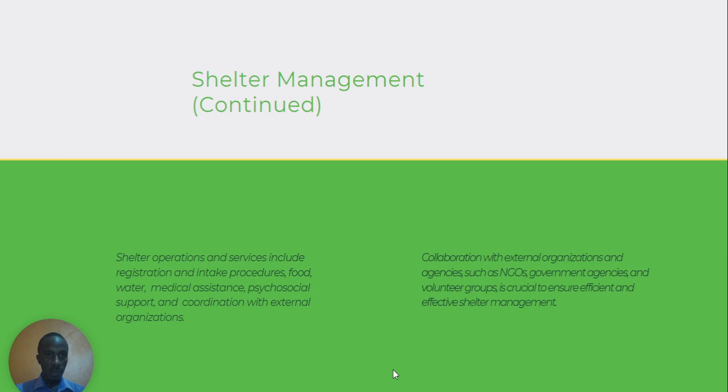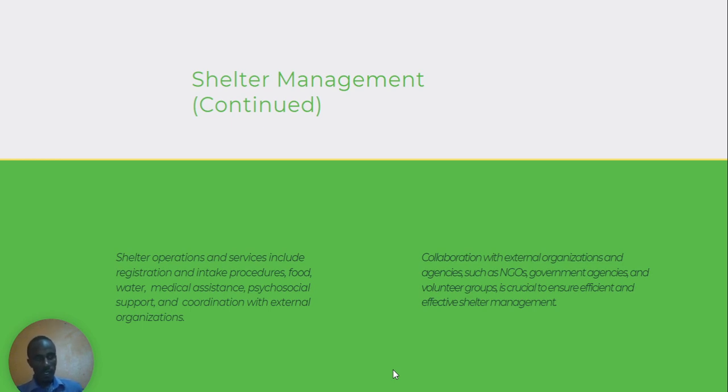So shelter operations and services involve registration and intake procedures. Whenever you're setting up these shelters, you should register the people that you have provided this shelter to, food and water, which are the basic needs, medical assistance, psychosocial support, because they have undergone a disaster.